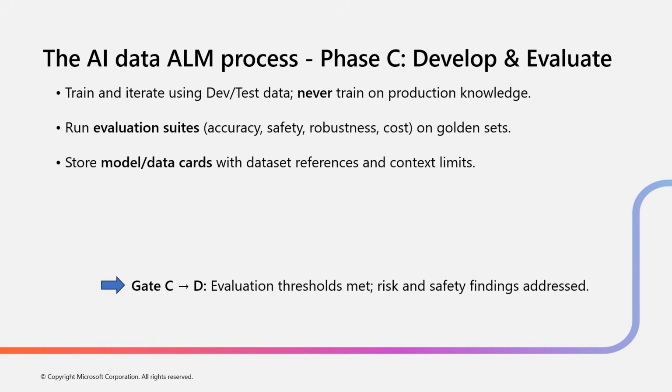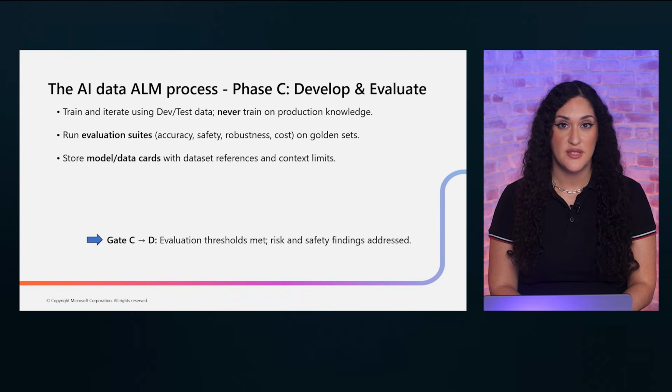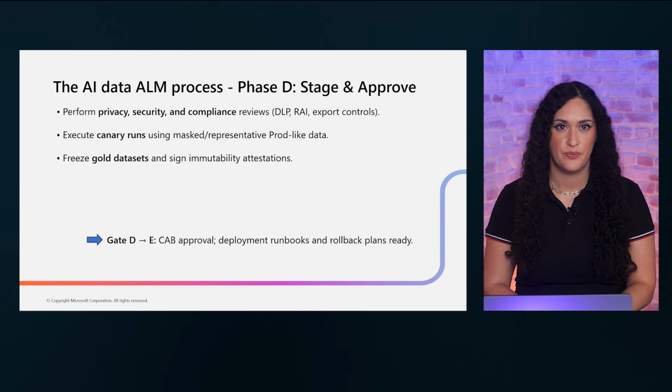Store model and data cards with dataset references and context limits so anyone can understand what went into the model. The gate from C to D requires that evaluation thresholds are met and all risk and safety findings are addressed. This discipline ensures your model is ready for the real-world scrutiny of staging.